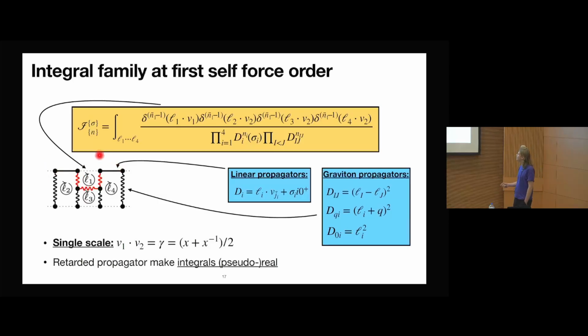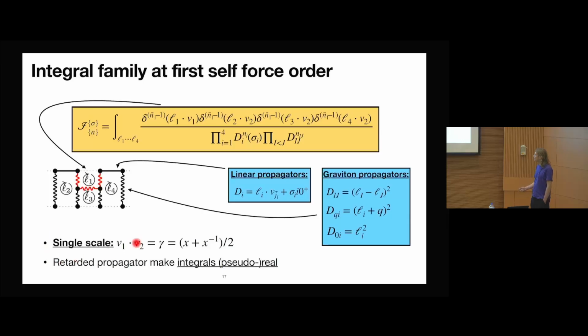And if we picture our integrals as these graphs here, we always draw these delta functions as these dotted lines here. Then additionally, we get four worldline propagators, which are linear, which we draw as these solid lines here. And then additionally, we get graviton propagators between the two worldlines. Altogether, this integral family has 13 propagators and 9 scalar products, so it's really a lot.